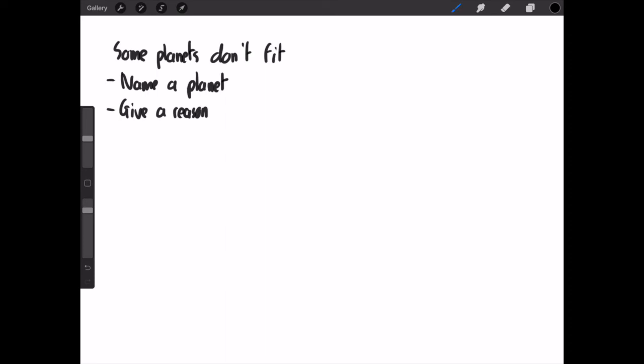So you could have something like Uranus, its temperature is lower than expected, or Neptune, its temperature is higher than expected, or Mercury, its temperature is lower than expected, etc. There's quite a few different ones you can have, but basically some planets don't fit. Name one of those planets and give a reason specific to that planet as to why it doesn't fit, and that will be your answer.